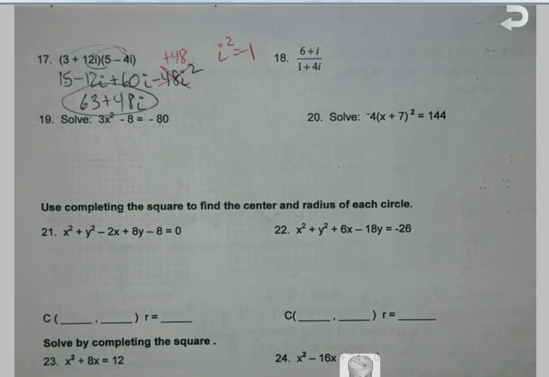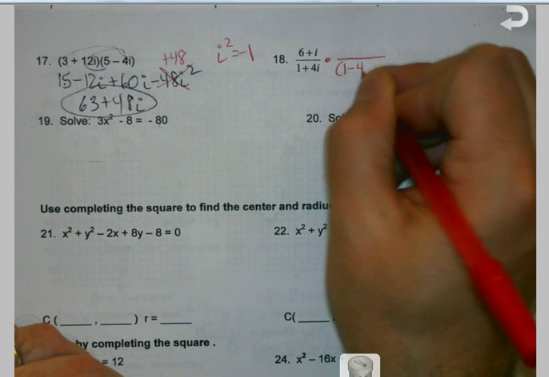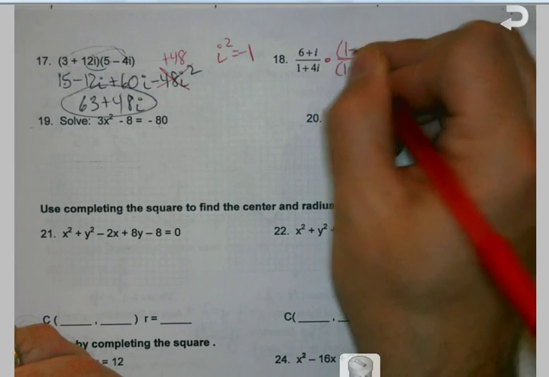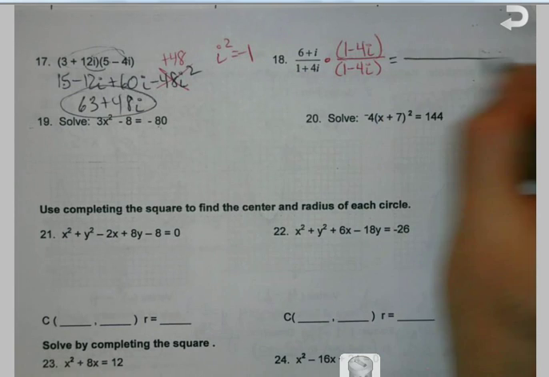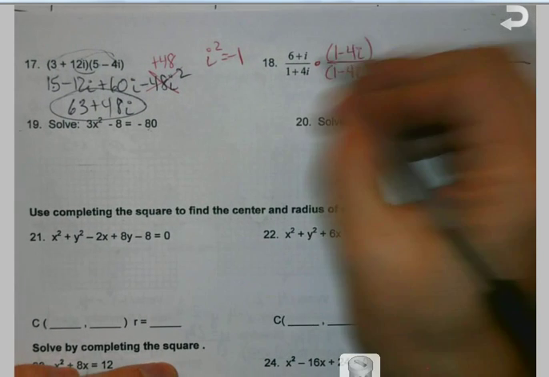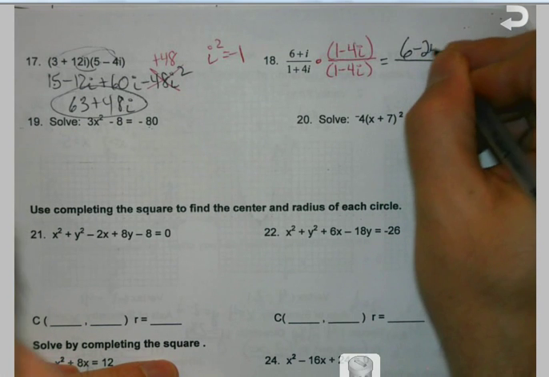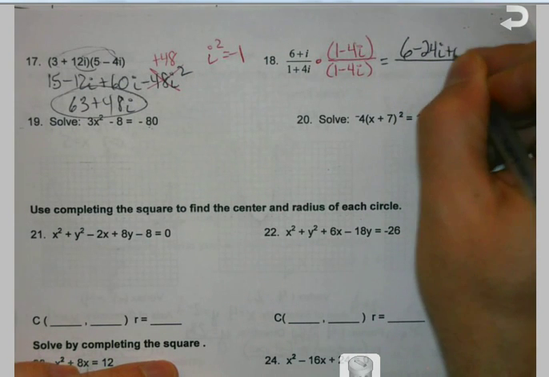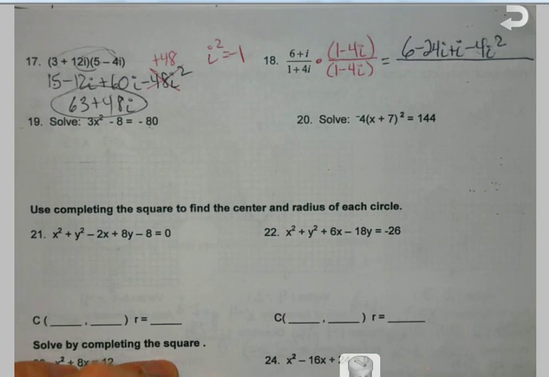18. Most of you were good on this one. We did it in the quiz. Multiplying by the complex conjugate. Fancy way of saying change the sign in the middle of whatever your denominator terms are. And then FOIL it out and simplify. So here I've got 6 minus 24i plus i minus 4i squared.